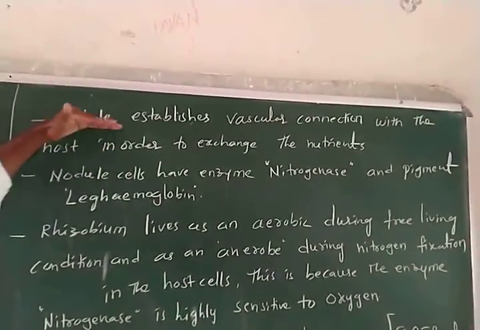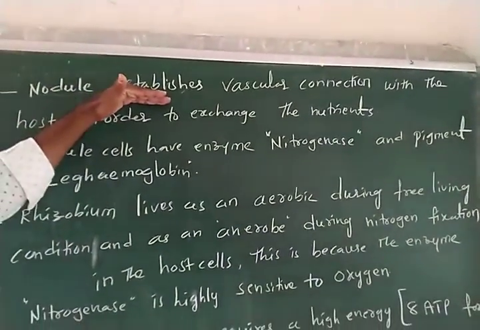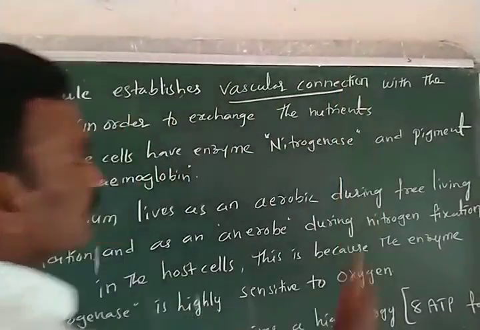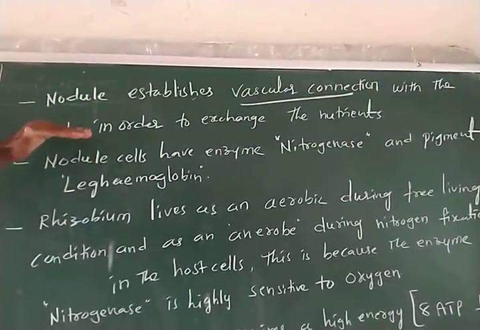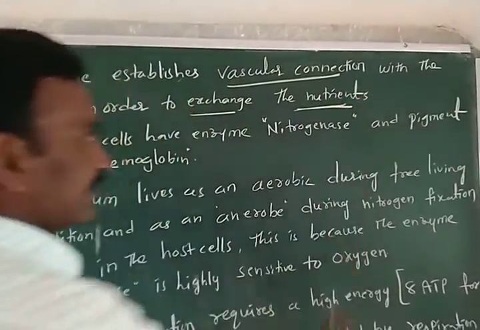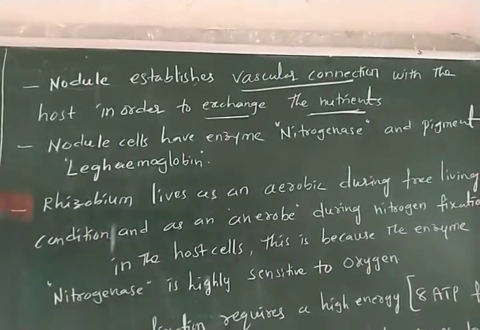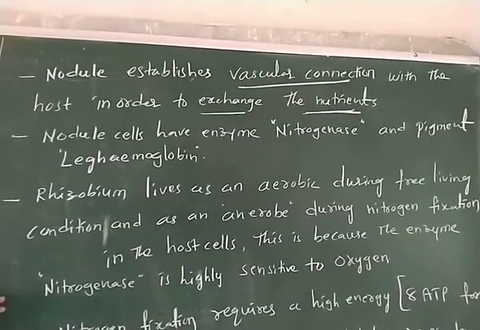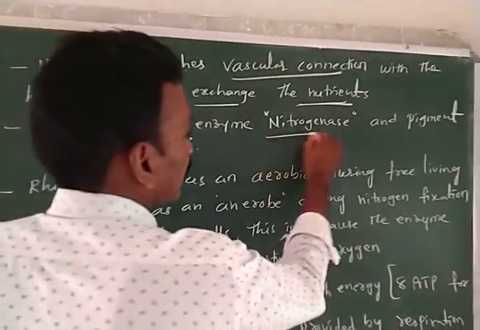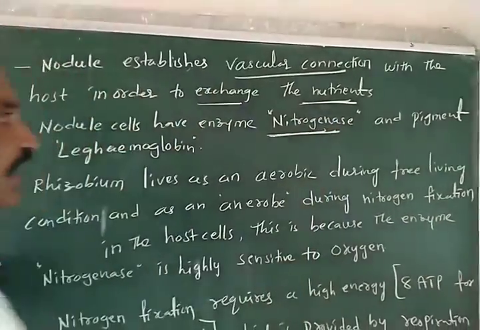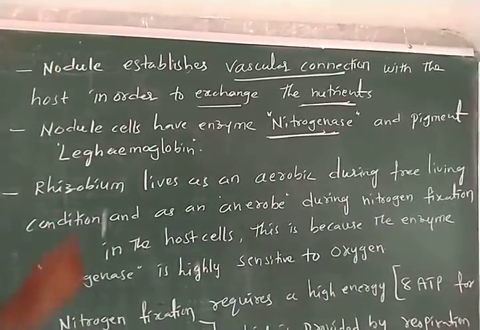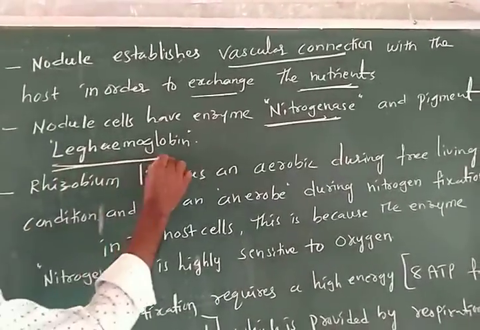The nodule establishes a vascular connection with the host in order to exchange nutrients between the two. Nodule cells have a specific enzyme, nitrogenase, and a specific pigment, leghemoglobin.